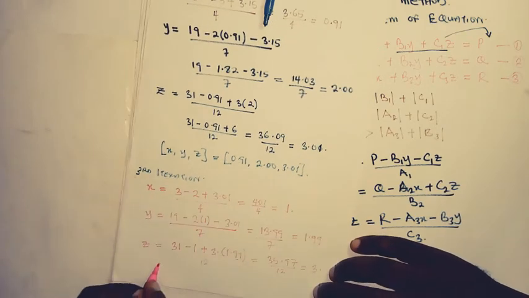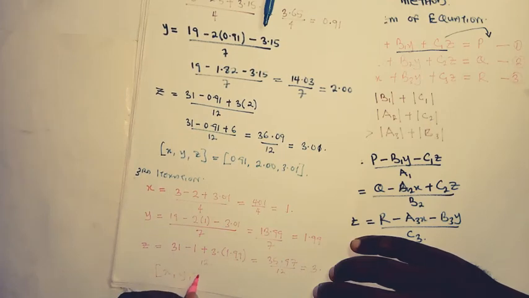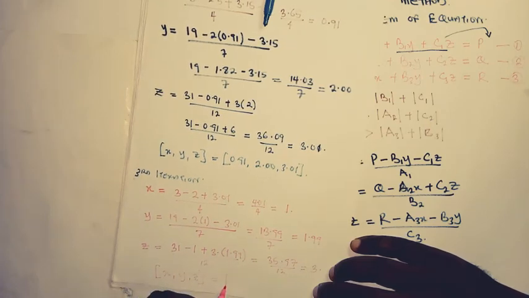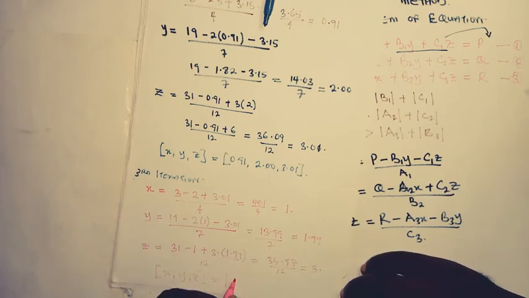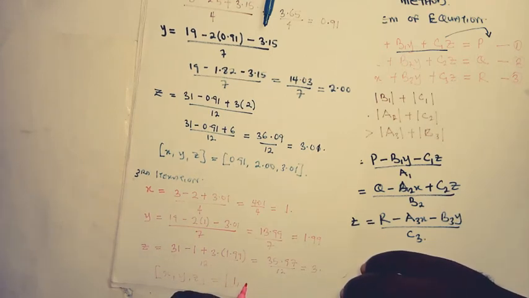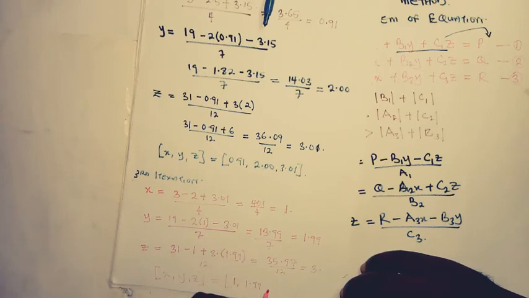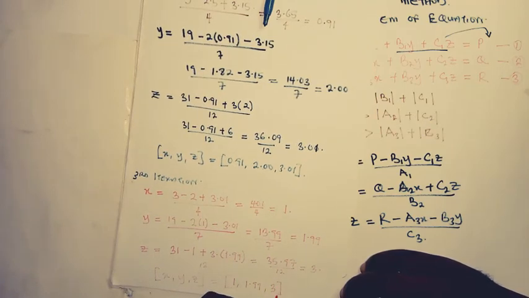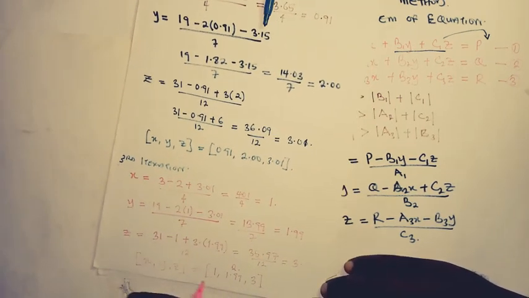So the new value for x, y, z is now 1, 1.99, and 3. So since I have these two to be whole numbers, I can approximate this to also be whole numbers. So this is approximately 2. So I have x to be 1, y to be 2, and z to be 3.